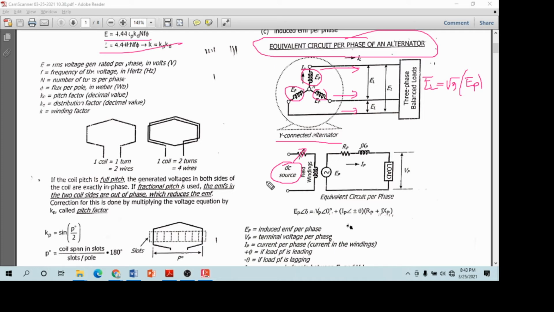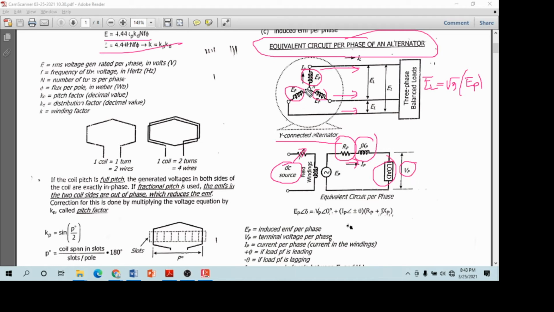Here we have EP, we have RP, we have jXP, we have IP, we have the load, and this is VP, the voltage received by the load.